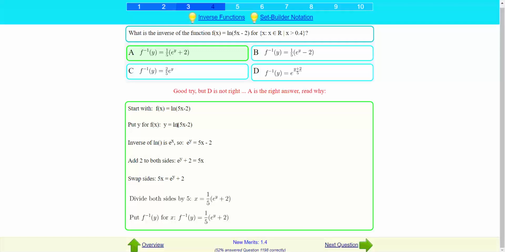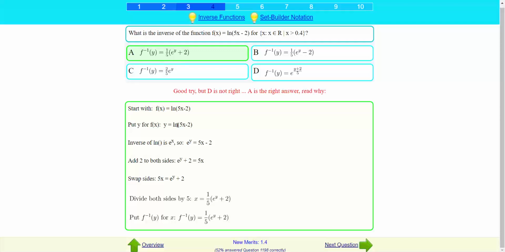So if the exponent is flipped, you get the ln. If the ln is flipped, you get e to the power of x. So the power of x gives you that inverse.